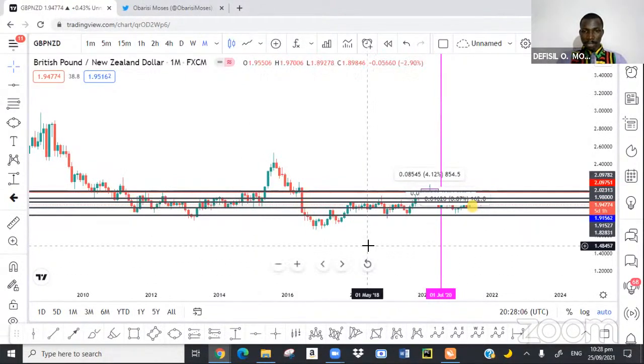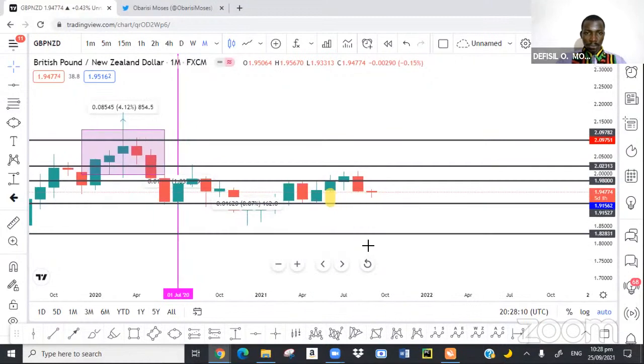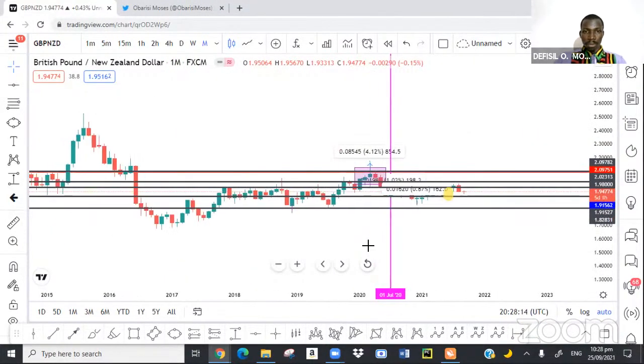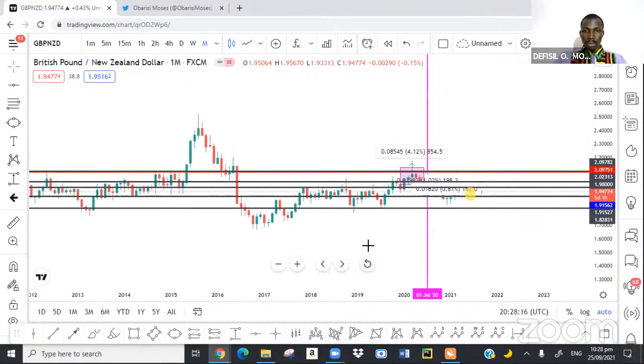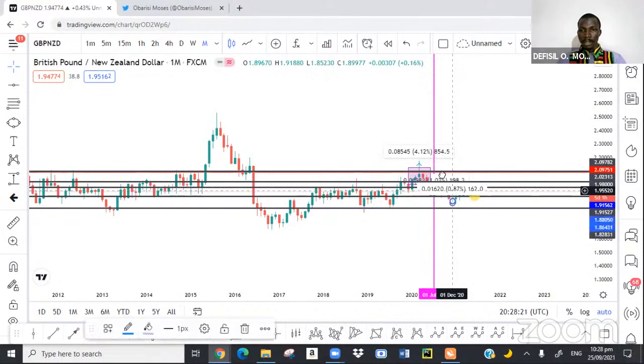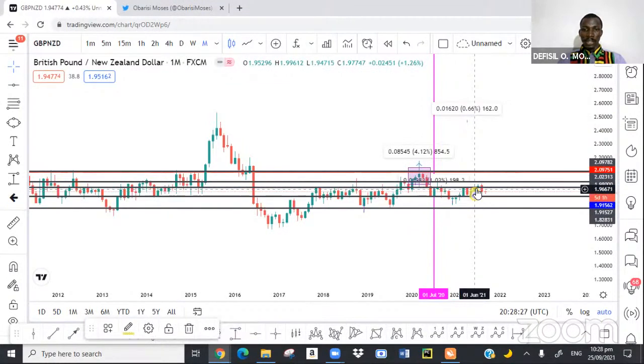The last candle is what I'm referring to. And this market also has something looking like a mini range, but we have an uptrend over here, or a small uptrend over here.